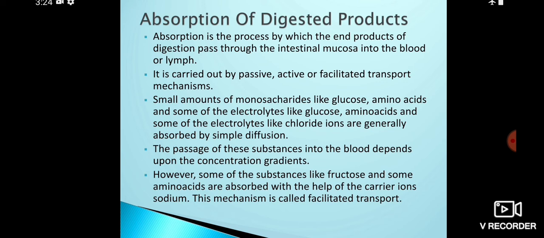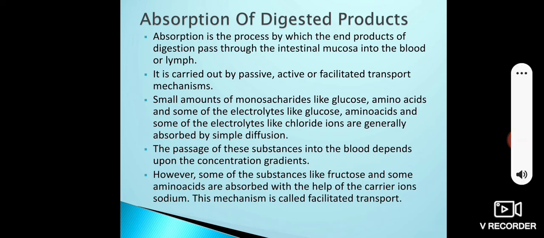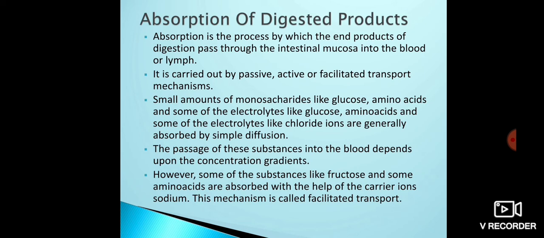So this is with respect to the absorption of digested food products, which include glucose, amino acids, and some electrolytes like chloride ions. The amino acids, glucose, and electrolytes are absorbed with the help of simple diffusion.